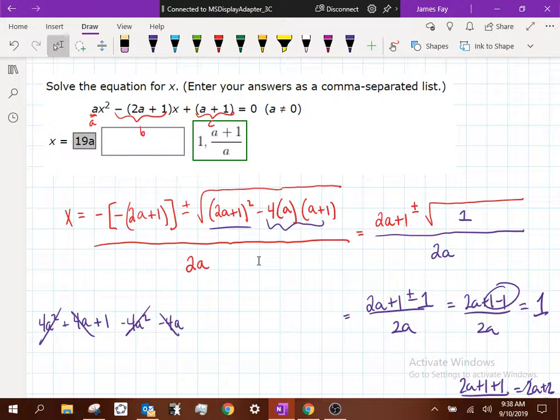And for some reason they're of that structure, meaning that if A is 4, I should be able to go down to those 2 solutions and find that my answers are 1 and then 5 over 4. Does that make sense? For the second one, if A was 7, then the quadratic generated when A is 7 would have solutions of 1 and 8 over 7. Does that make sense, everybody?